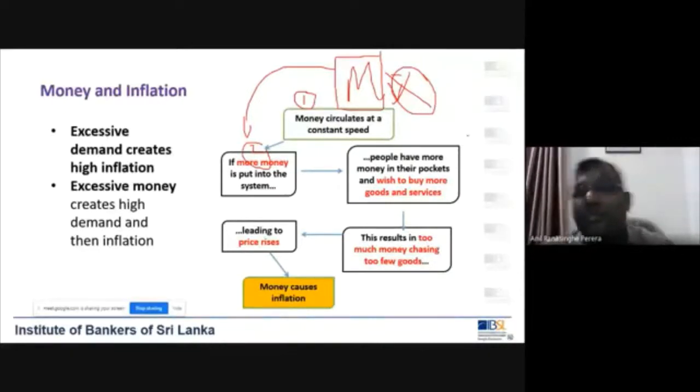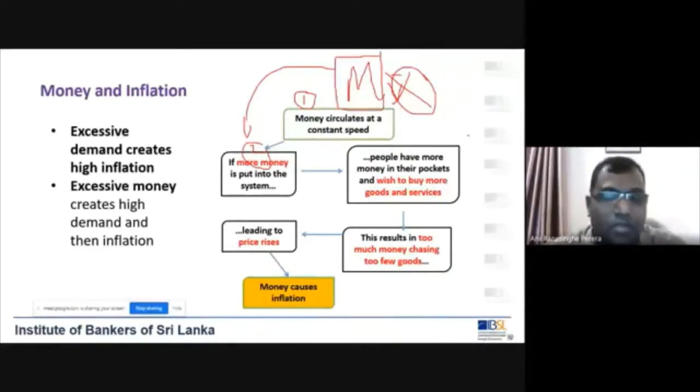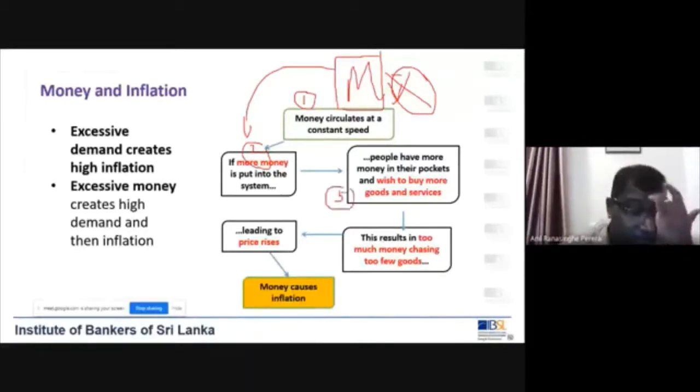Earlier, in our pen example, we had 5 pens at a certain price. Now money has doubled or tripled, and still in the economy you have 5 pens. You cannot increase production in a very short time period.